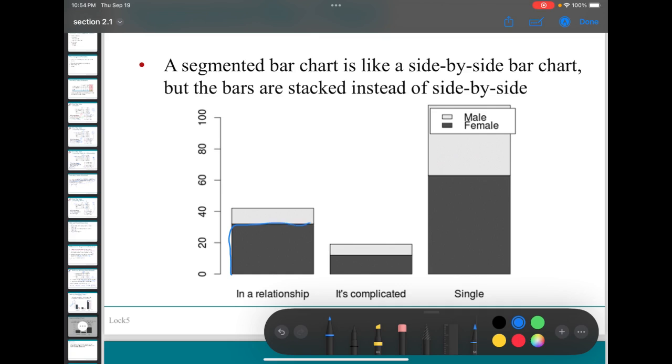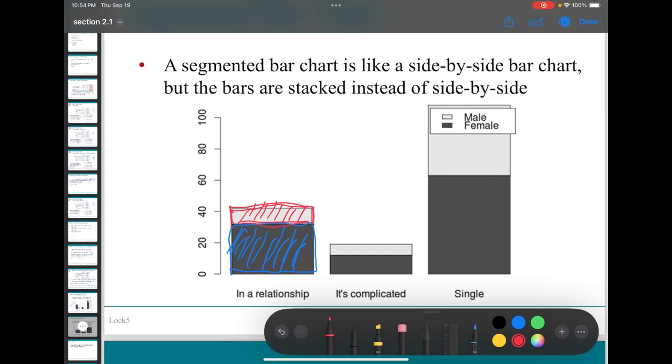Same as before, we have used dark color for females, and on top of that, for example, in the relationship, we have females here, and on top of that, we draw males who are in the relationship. So the width of this bar doesn't change, but the height differs from the previous one.